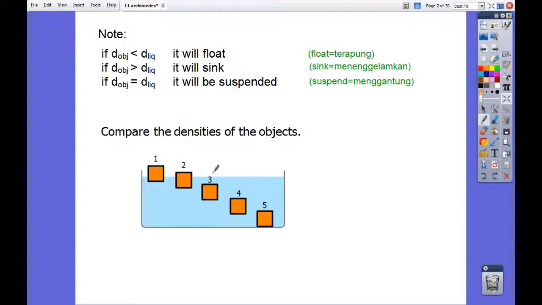So we have a picture of 5 objects here: 1, 2, 3, 4, 5. Let's compare the densities of the objects. Object 1 is floating. Object 2 is also floating. 3 and 4 are suspended at different depths. And the 5th object is sinking. Let's compare the density.